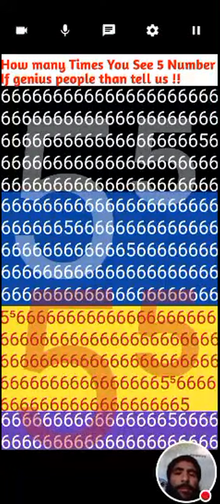I will also appreciate those who have found it 9 times or 13 times, because when they find it 9 times, it means that they have skipped the 5 number that is written in the title and the 4 other 5 numbers that are written in the backgrounds with larger and smaller sizes. So then it becomes 14 times.